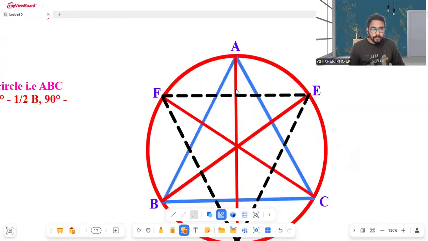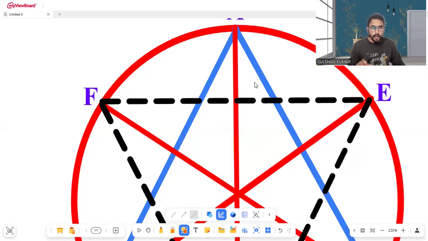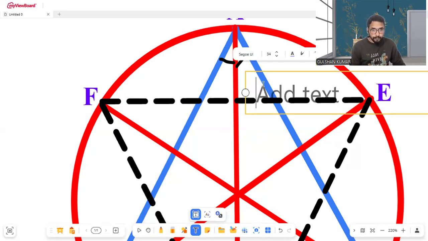So we are mentioning this as half of angle A. We are pointing here that this angle and this angle will be half of A, so A by 2.